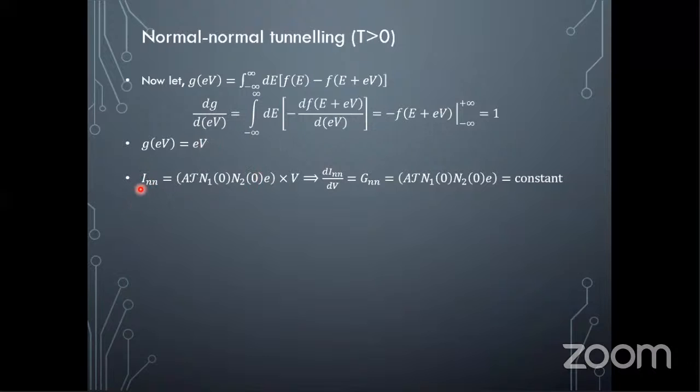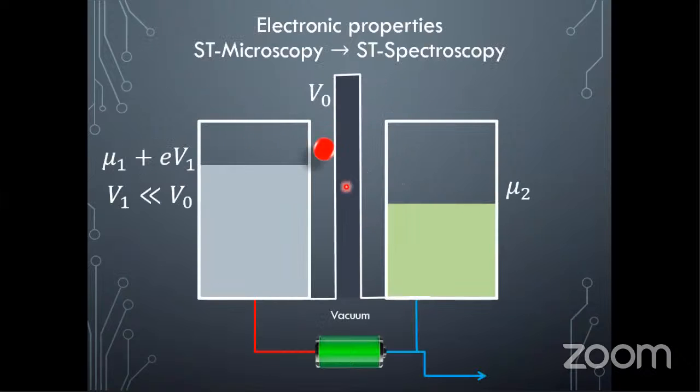So the normal to normal tunneling current turns out to be constant. And I denote dI_NN by G_NN, and this is constant. This will be used as a normalization factor for other types of tunneling, like normal to superconductor tunneling and so on.